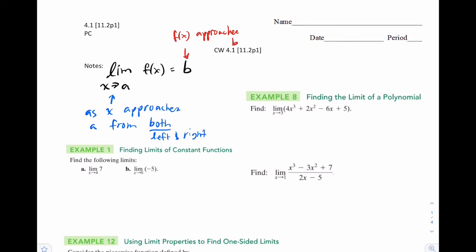So you put it together, it means the limit of your function as x approaches a from both the left and the right, f of x approaches b. So that's what this right here is saying, and that's what we talked about last class.